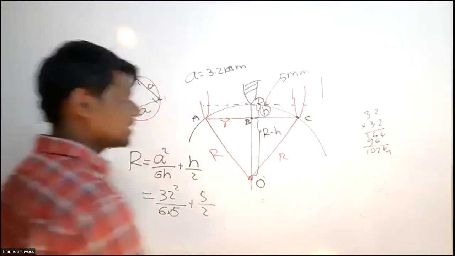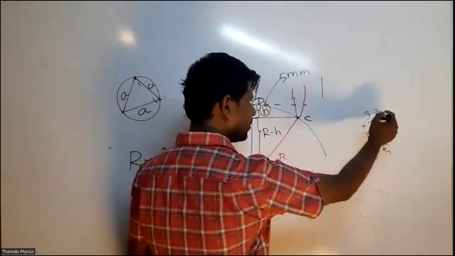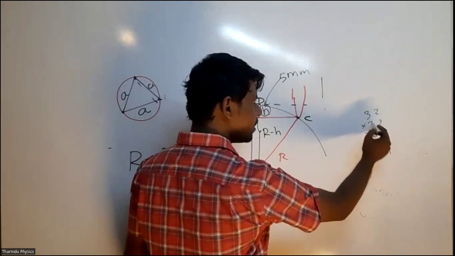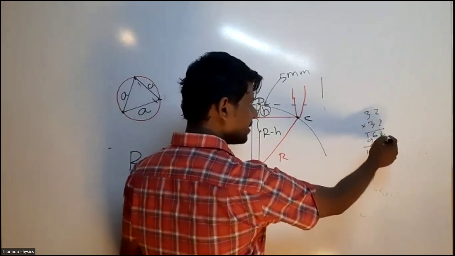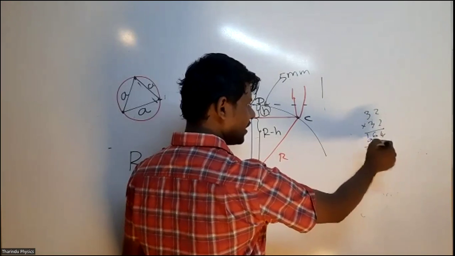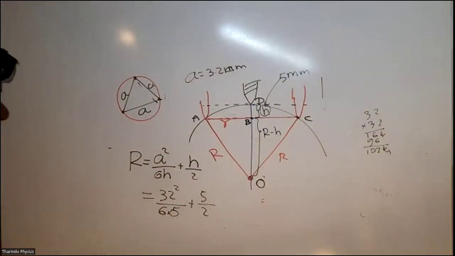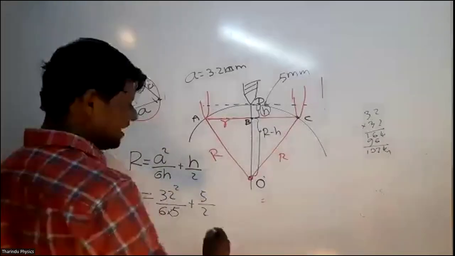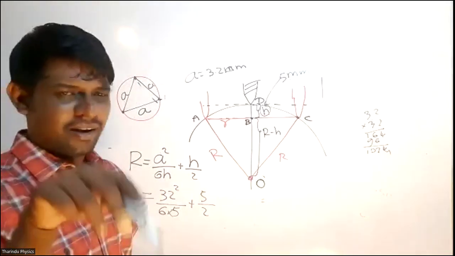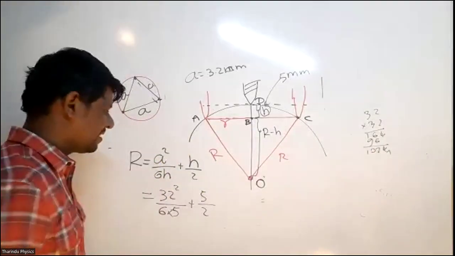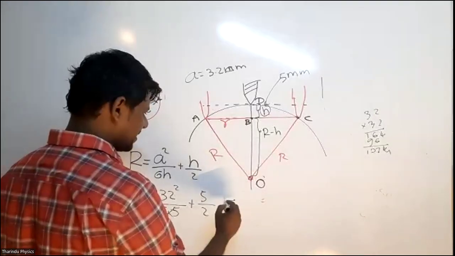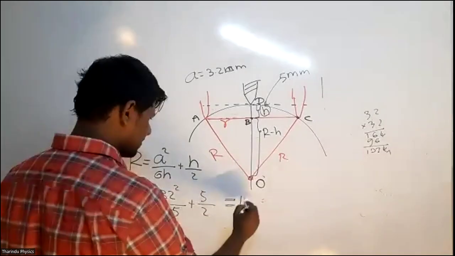Did I make it correct? 64 and 6 and 9, 4. Yes, 1024. The answer is 1024. I will round it up to 1000, right? For my convenience, I round it to 1000.